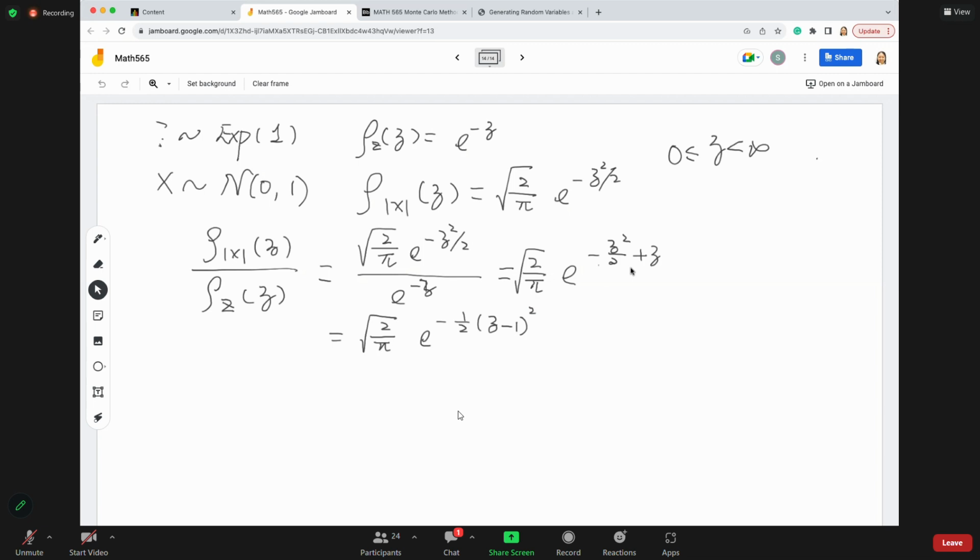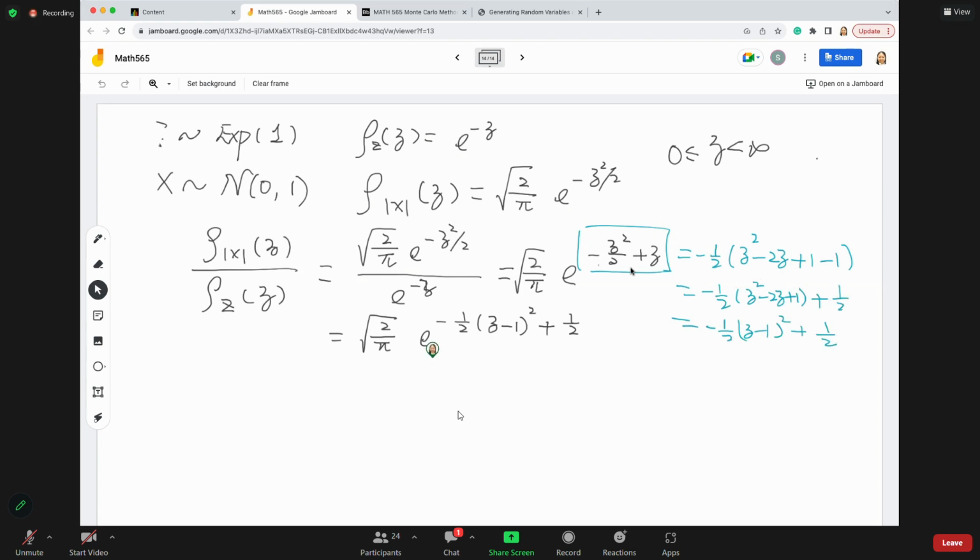We also need to add one term, because to complete the square here we just consider this part. Take the 1/2 out, here is z squared minus 2z, which means we should plus and minus 1 here. And then this is z squared minus 2z plus 1, and plus 1/2.